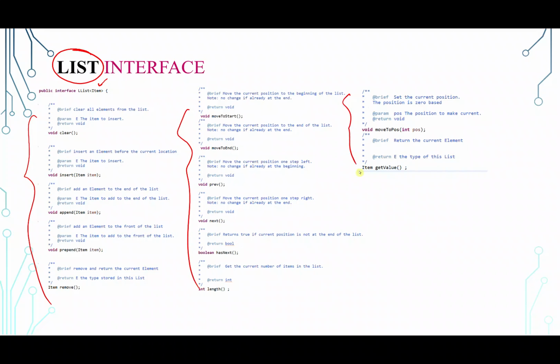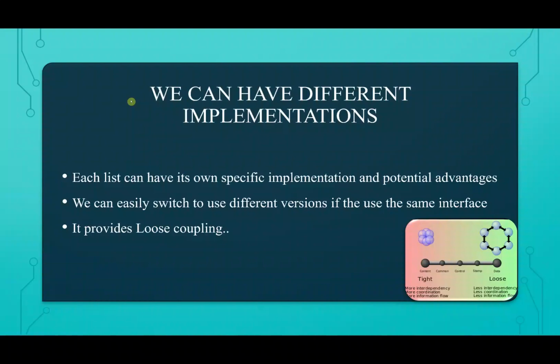Move to position, get a value, move to start, move to end, previous, insert, append, prepend, remove, the length or the size, clear, and all these things. So we can have different implementations. Each list can have its own specific implementation and potential advantages. We can easily switch to a different version if we use the same interface. That basically provides loose coupling.